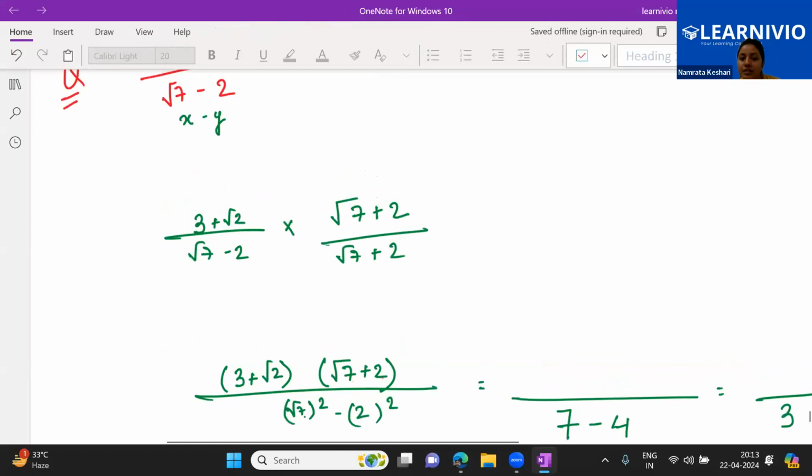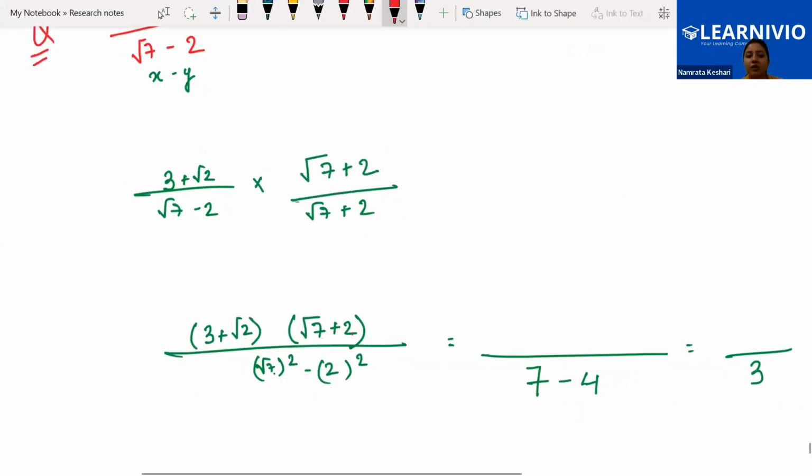Have you learned that concept? Yes, ma'am. Same concept we are going to apply here. First we will pick the first term from the first bracket, and multiply it with each and every term in the second bracket. So we will multiply this 3 with root 7.